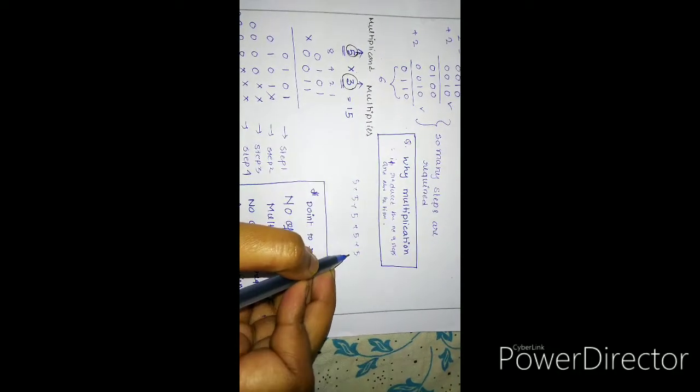Now 5 cross 3 means 5 plus 5 plus 5 plus 5 plus 5, so we had to add 5 so many times. But we can see that with the help of multiplication, we can perform it in quite a few steps, and it is completely appropriate too.